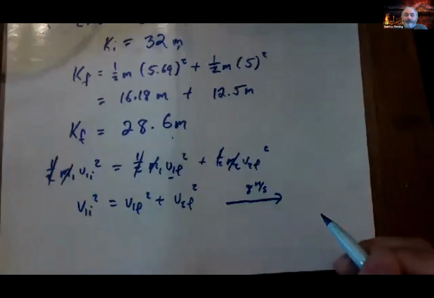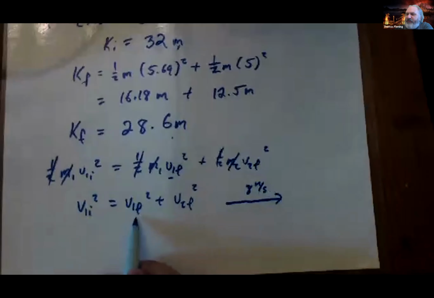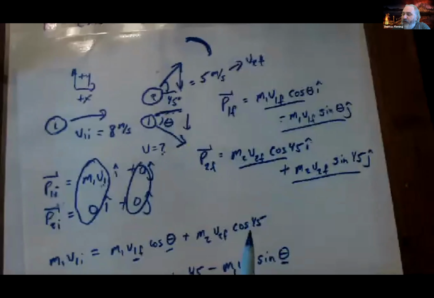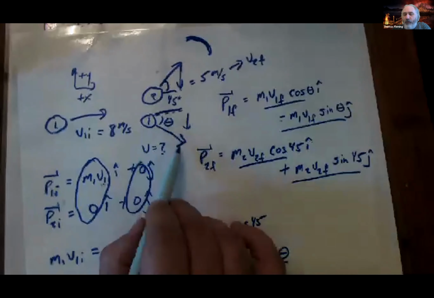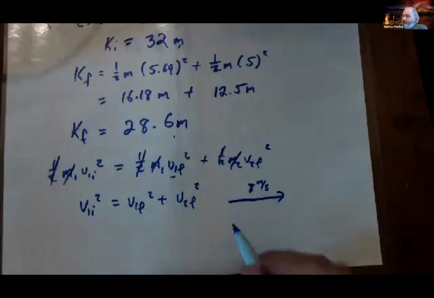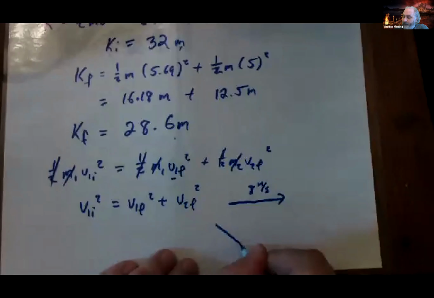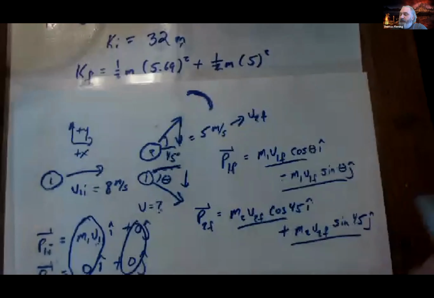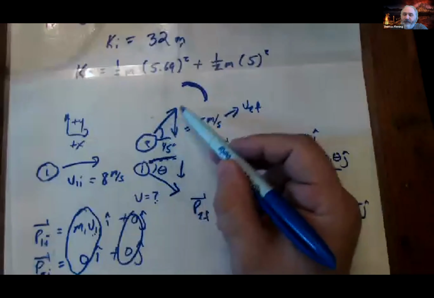Now, v1 final is the final velocity of ball number 1. The final velocity of ball number 1 was a diagonally down and to the right vector. So that's v1 final. Now, v2 final was a vector, and again, on my picture, it was a diagonally up and to the right vector.